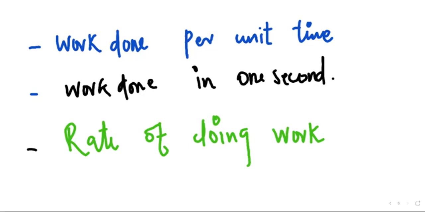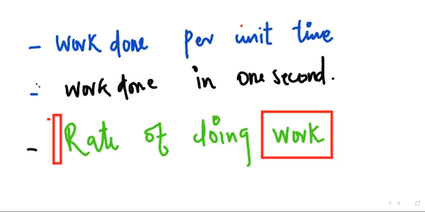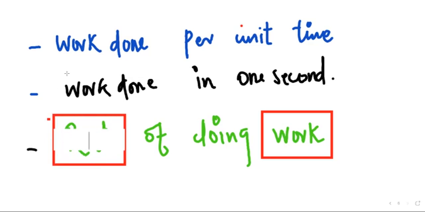So let's consider the book language. Rate of doing work may be kinetic energy or potential energy, it doesn't matter. Whenever we use the term rate, it means divided by time. Work divided by time is called power. So all these definitions mean power.